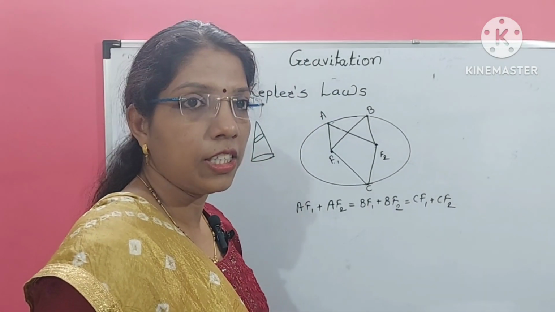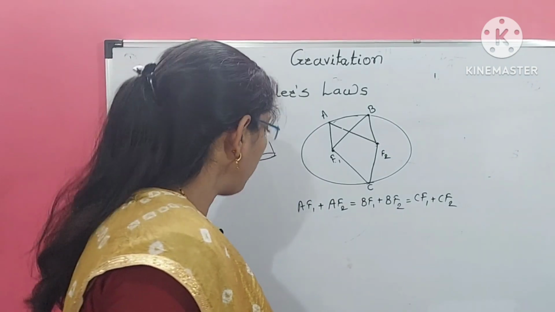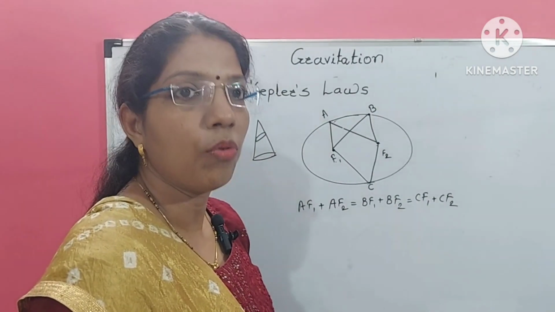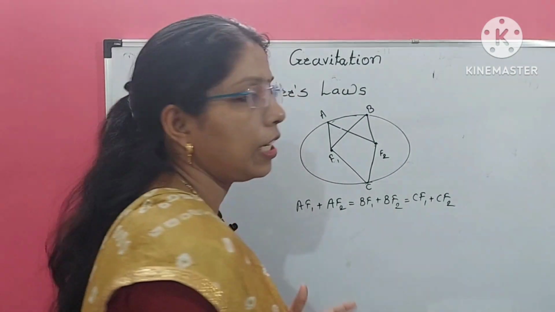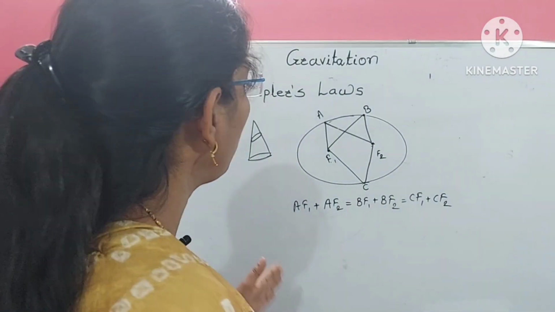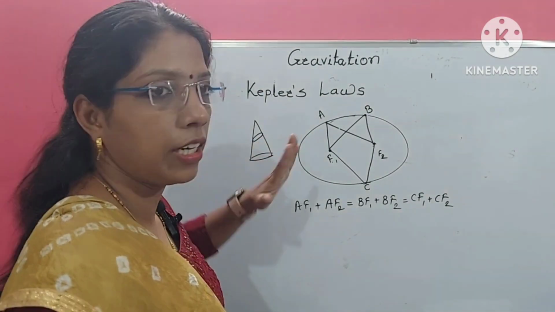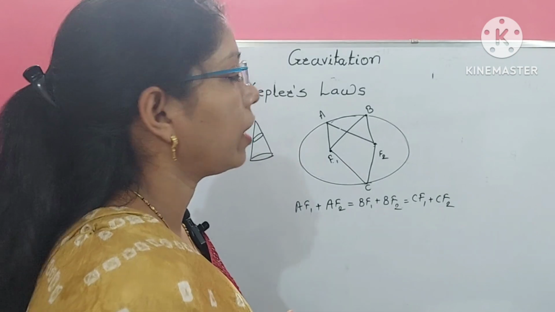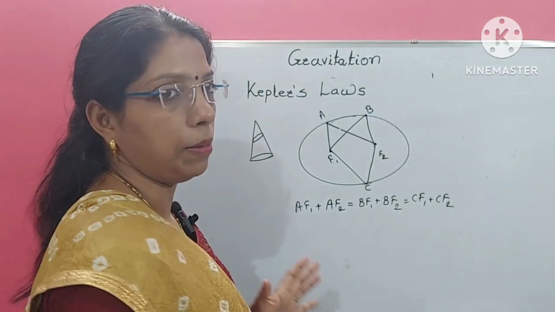If it is like this, then the points are said to be foci. So this is about the ellipse, and when we cut that cone shape in an inclined manner, the shape we get is called an ellipse.